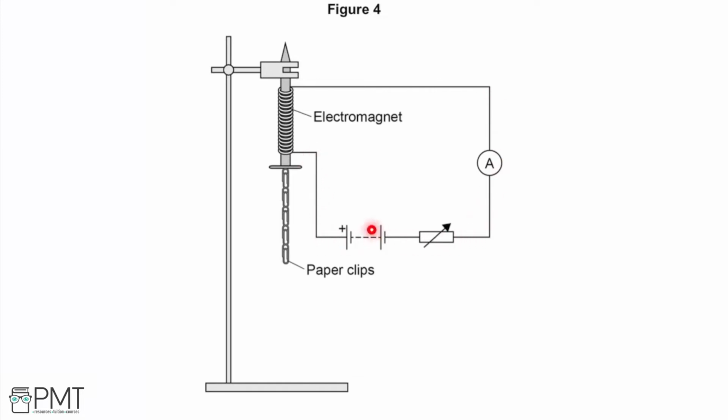We've got the power supply here, which is providing the voltage, and a variable resistor so that we can vary the current that's flowing through the circuit to make sure the current stays constant, as it says in the information at the top. And then we've got the ammeter so we can measure the current as well. And then we obviously have this chain of paper clips, which we're going to be adding paper clips to, which is attracted to the electromagnet here.